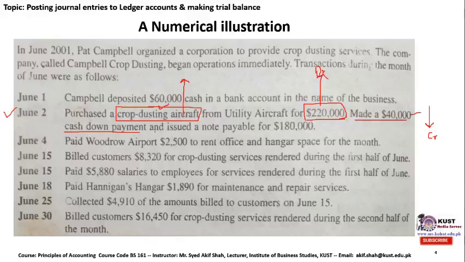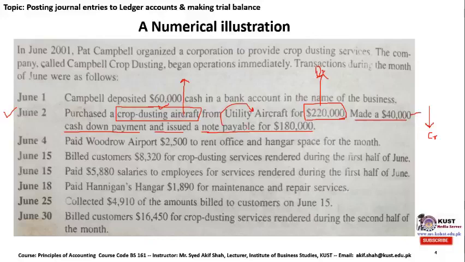Furthermore, this instruction states that for the remaining amount, the company has issued a note payable for $180,000. So notes payable is the company's liability, as payable represents that this note is supposed to be paid out to the utility aircraft company in the future.